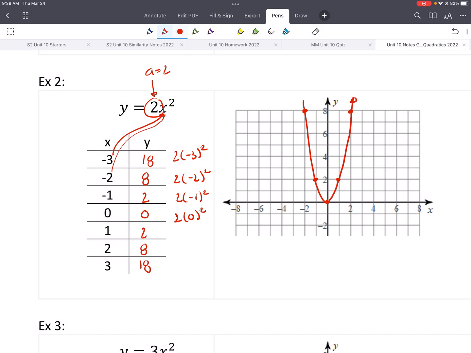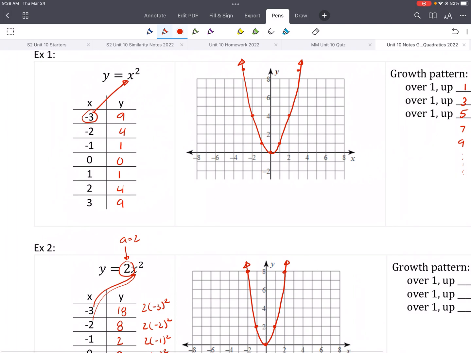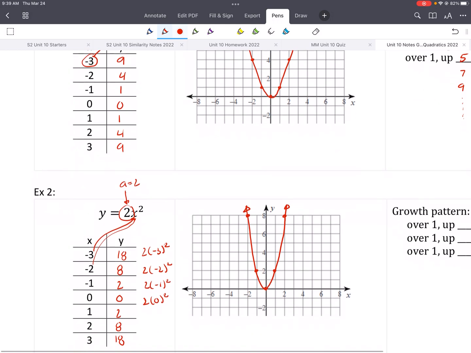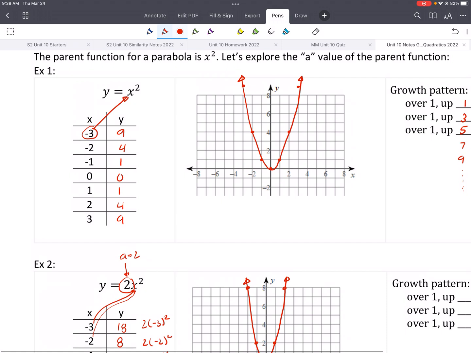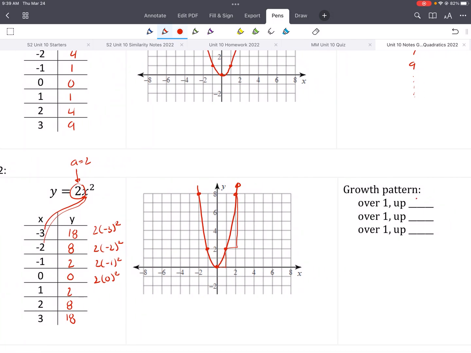Okay, so just looking at these two, it looks like our second graph is more skinny, okay, and that's called vertically stretched. Okay, and if we look at the pattern for our first one, we went over 1, up 1, over 1, up 3, over 1, up 5. Okay, what are we doing here? Well, we're going over 1, up 2, over 1, up 6.